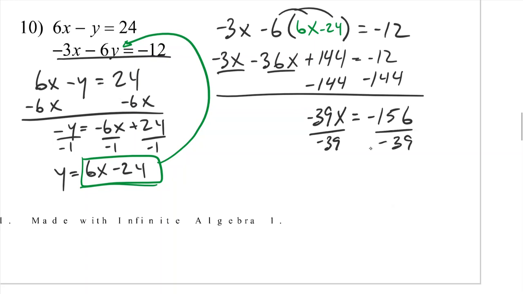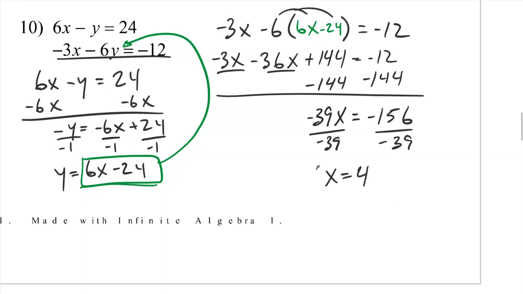Negative 40, right? And what's 156? That's really close to negative 160. So 40 goes into 160 4 times. Let's try that. x equals 4. And then 4 away from 160, and that's 1 away from 40, so there's where that works out.